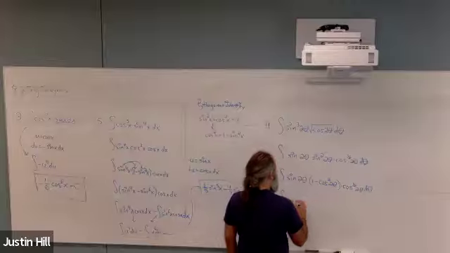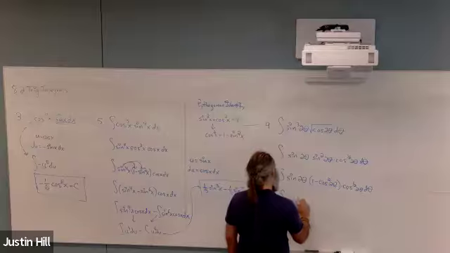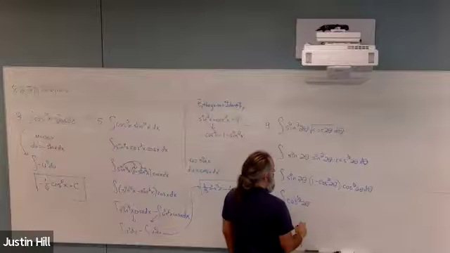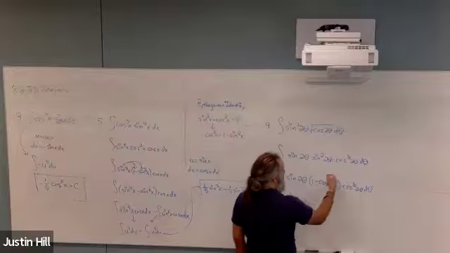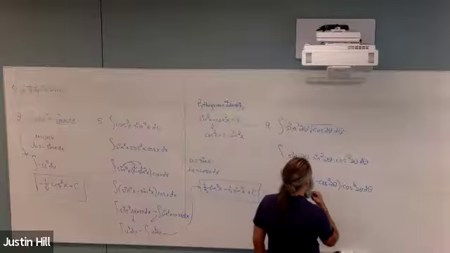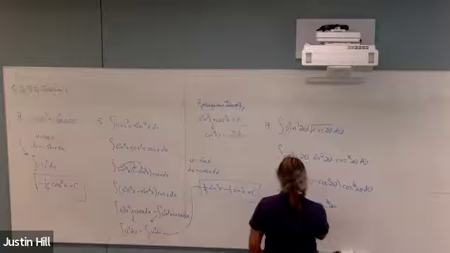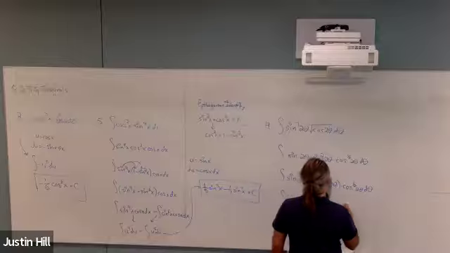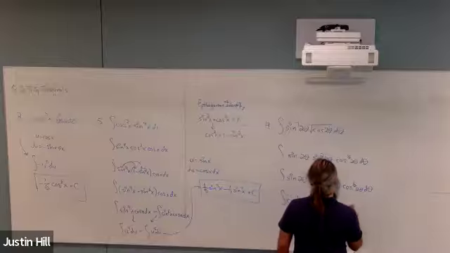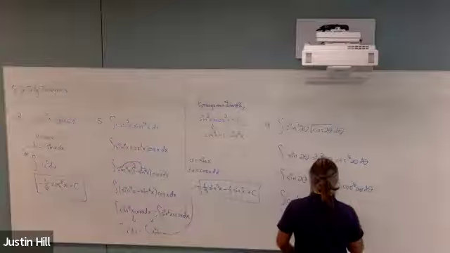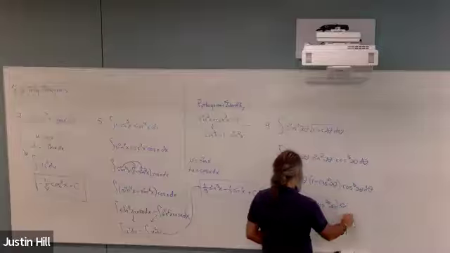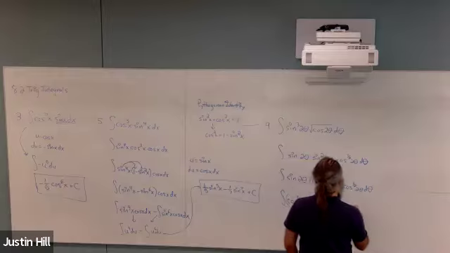Multiplying through, we get cosine to the 1/2 of 2 theta minus, and we add 2 and 1/2, which is 5/2, so cosine to the 5/2 power of 2 theta, all with the sine 2 theta d theta.